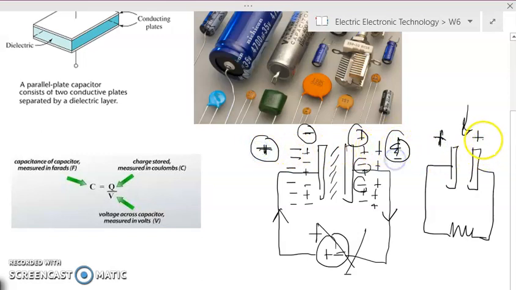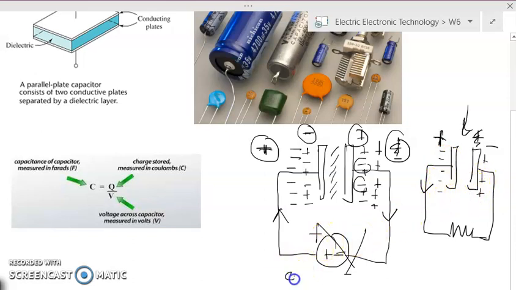Here is the negative terminal. So the current will flow back in the opposite direction of what we had just now. So all the excess electrons here will flow back into the right plate until both of them are balanced and again become neutral.